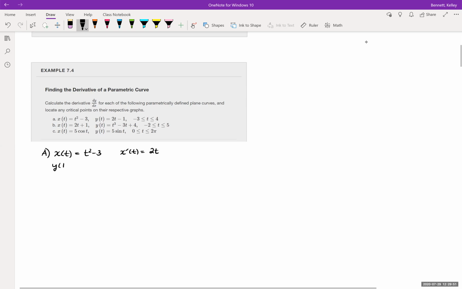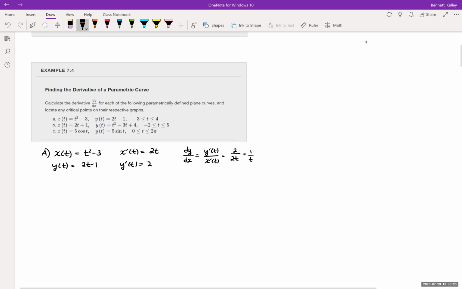And y of t given as 2t minus 1 means that y prime of t is just 2. dy/dx is y prime over x prime. That's just going to be 2 over 2t, which is 1 over t.